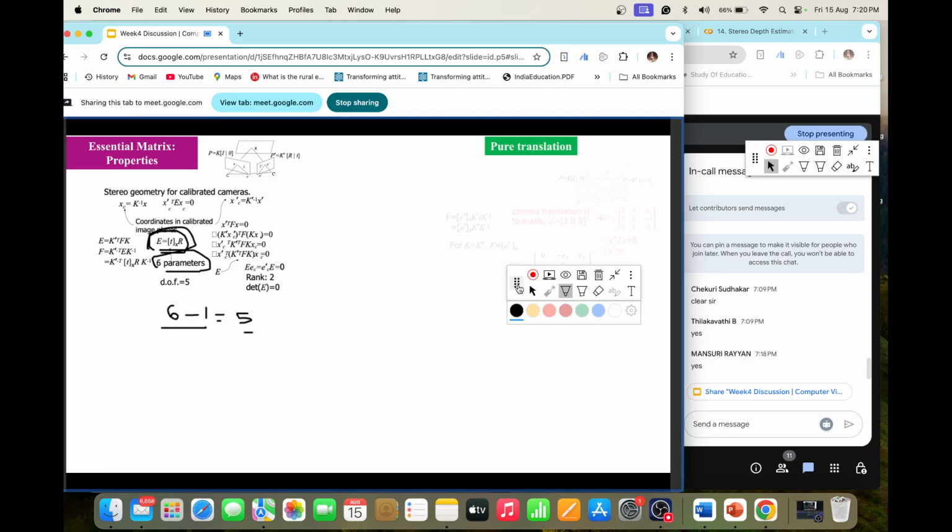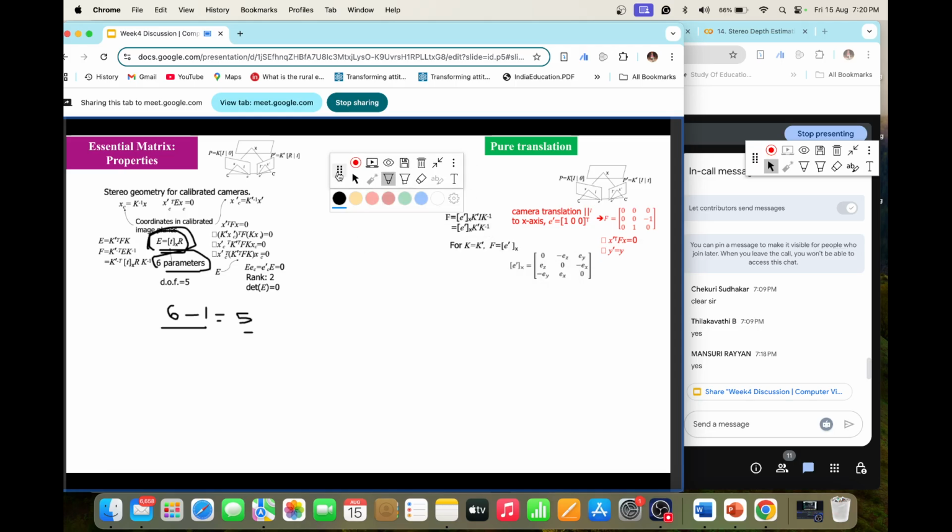Now there is a case regarding pure translation. Pure translation means in the second matrix, earlier we wrote this matrix as k dash r k inverse, right?